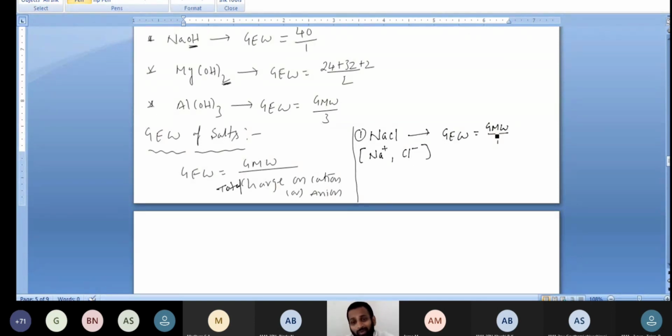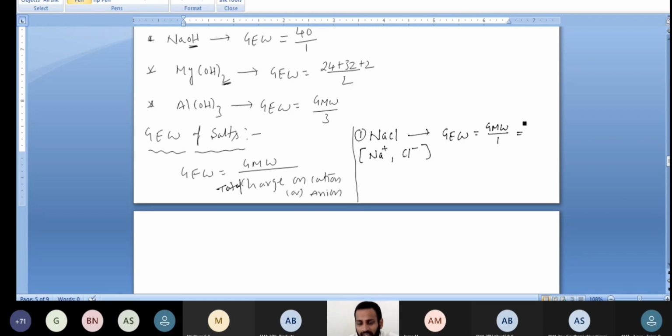Few people are very smart. They say, sir, sodium plus 1 and chlorine minus 1, plus 1 minus 1 is 0. If in the denominator you take 0, the total will be infinity. Any charge, either cation charge or anion charge. As I said, chlorine has minus 1. Don't substitute minus 1 here, just 1.